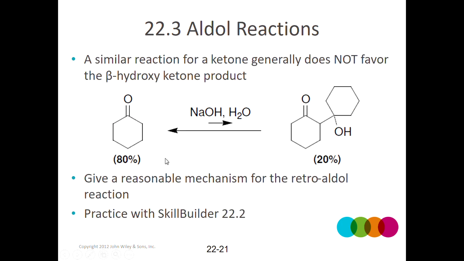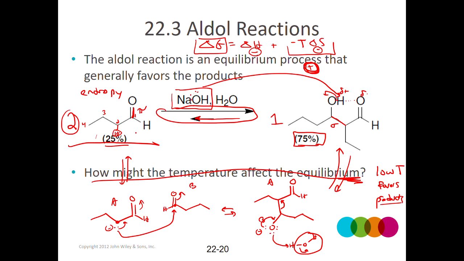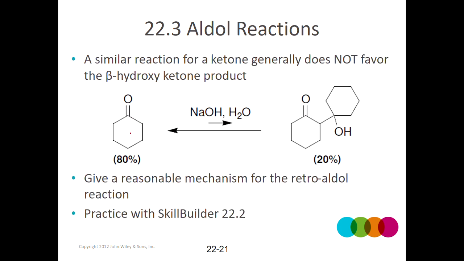So here's another example. Real quick comparison. Here I have an aldehyde as my reactant. Here I have a ketone as my reactant. So it's the same general process. The base would pick off one of these alpha protons and create an enolate.